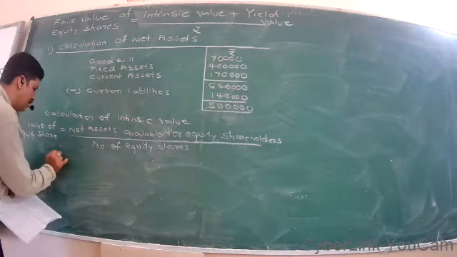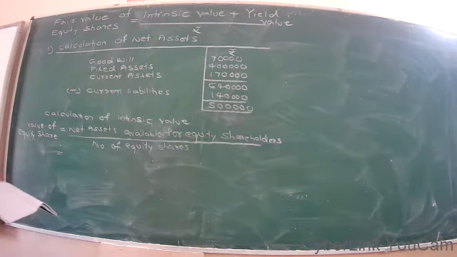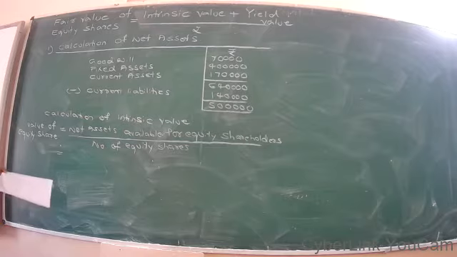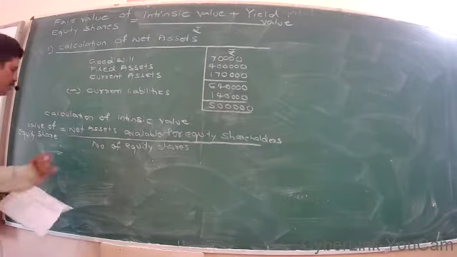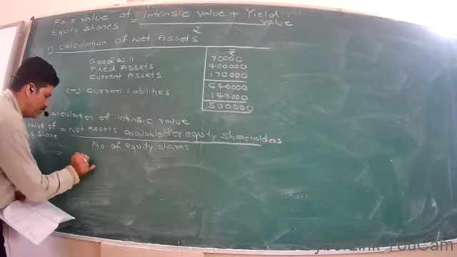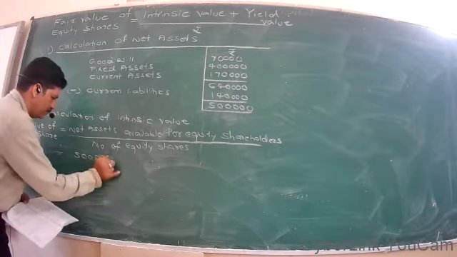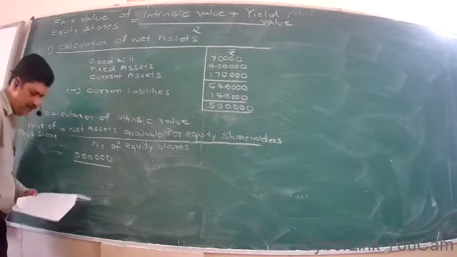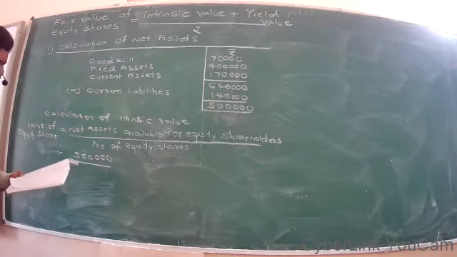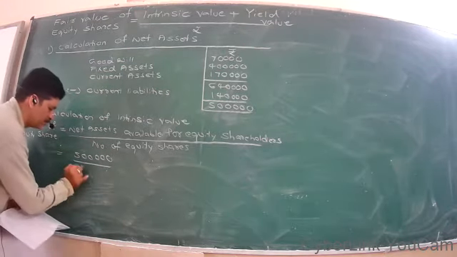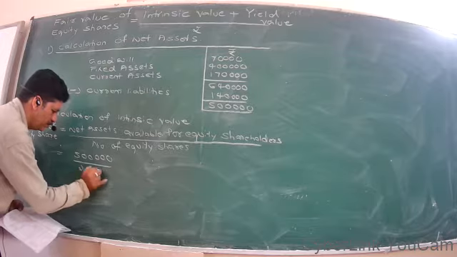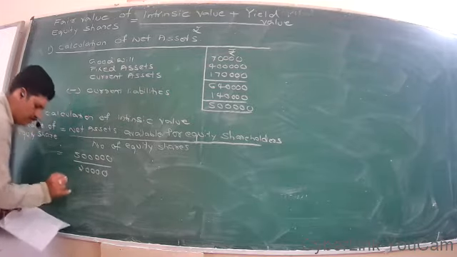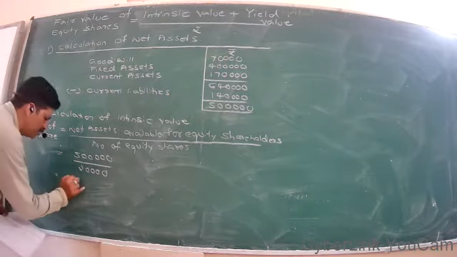So 5 lakh divided by the number of equity shares, 20,000, gives rupees 25.